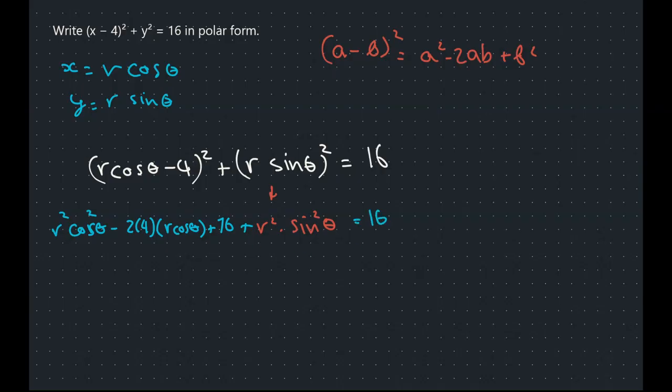And what I can see immediately from here is we can cancel out the 16s. We will minus 16s from both sides, minus 16, minus 16, and we can cancel them out. So let's rewrite.